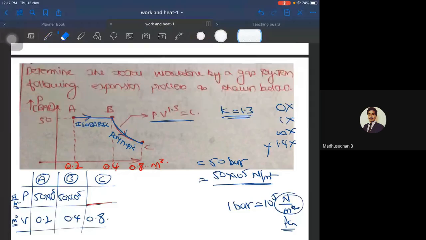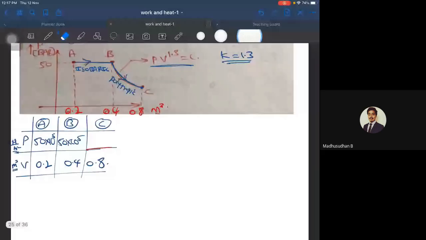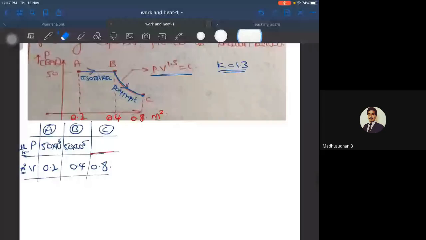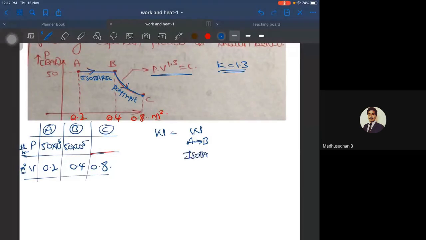Now, the total work done is equal to W A to B, which is an isobaric process, plus W B to C, polytropic. Further, what is the expression to calculate W 1 to 2, which is isobaric?